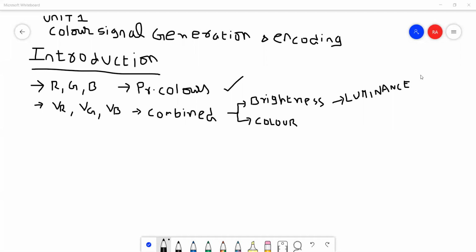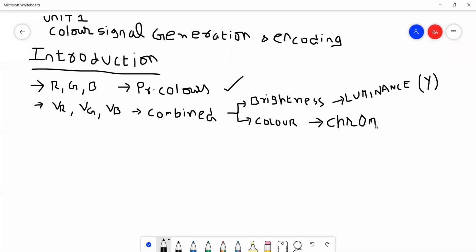In brackets, which letter is used? That is the Y signal, your brightness or luminance signal. It is also developed from the corresponding camera pickup tube. The other signal is called chroma, simply called chrominance.